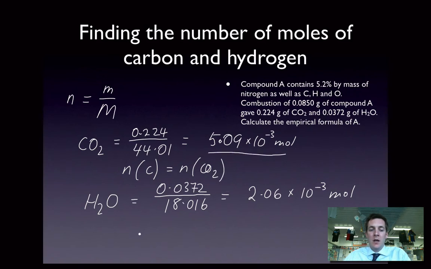How about the number of moles of hydrogen? Well, I need 2 moles of hydrogen to make 1 mole of water. So the number of moles of hydrogen is going to be twice the number of moles of water that I formed.